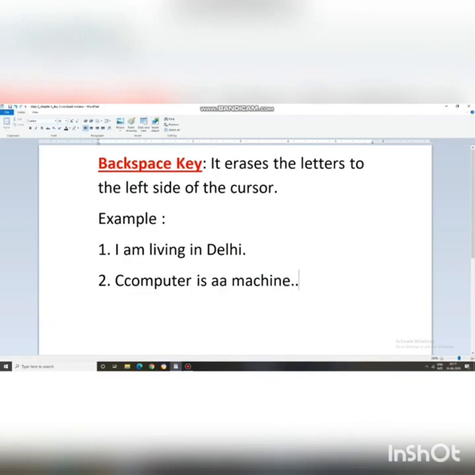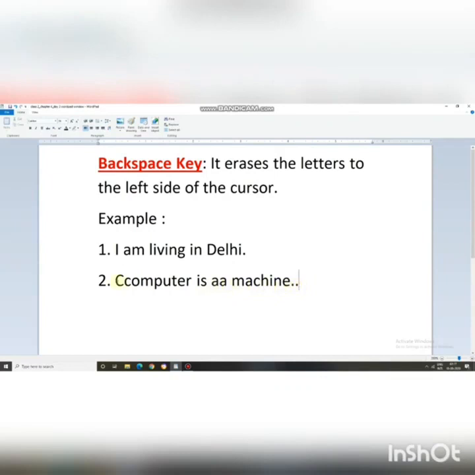I have made three mistakes. Number one is the C. I have typed C two times, so the spelling of computer is wrong. I have also typed A two times, and I have used two full stops.